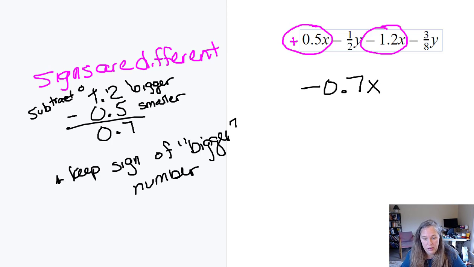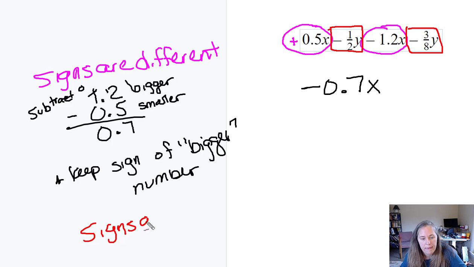Okay, the fractions may even cause you more heart palpitations. We're going to just be really calm. We're going to put a red box around this. We're going to put a red box around this. Okay, this is a negative, this is a negative, so signs are the same. So we're going to ignore the signs, we're going to add.